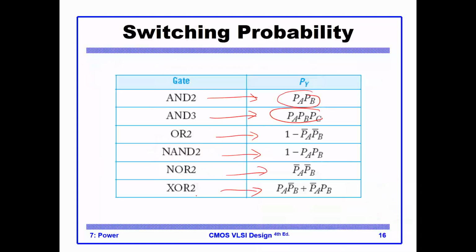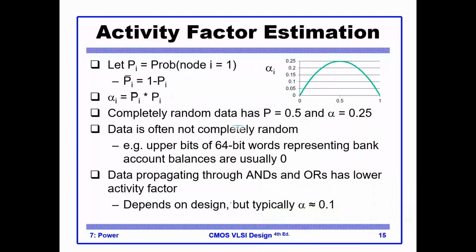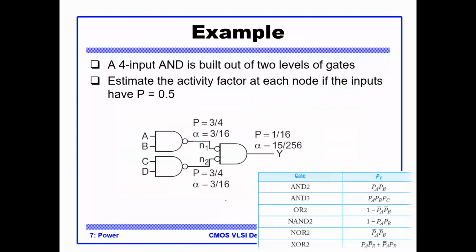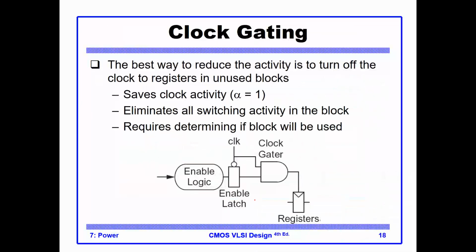For example, I could disable the clock for this. So what is this business of disabling the clock? Well, suppose I did my analysis and found that these nodes have very high activity.